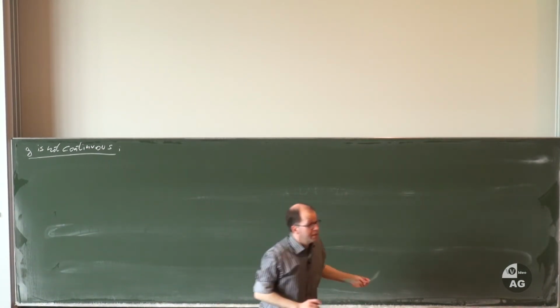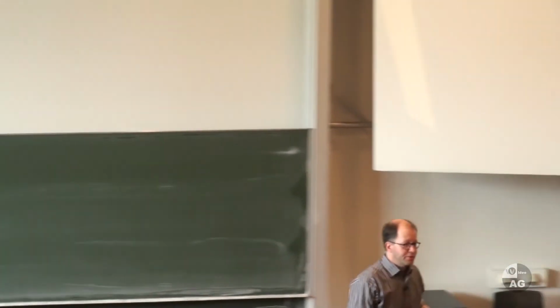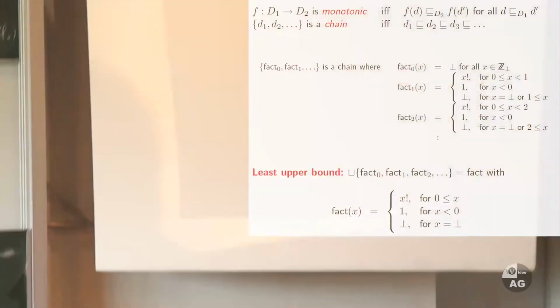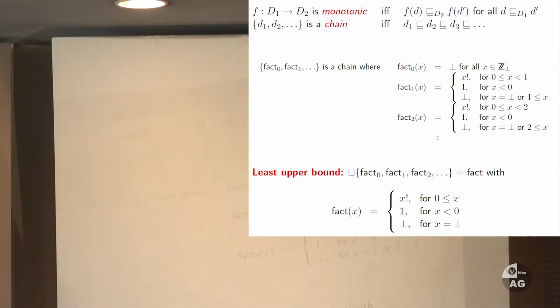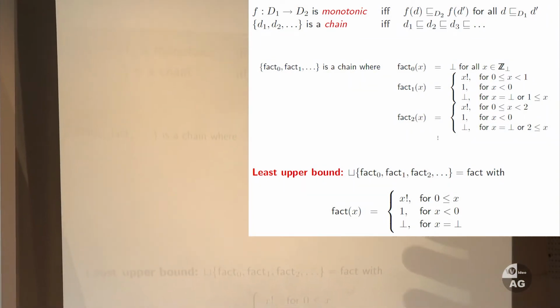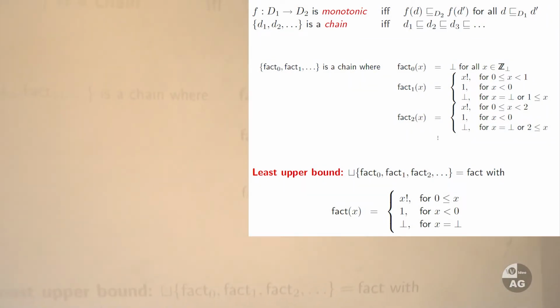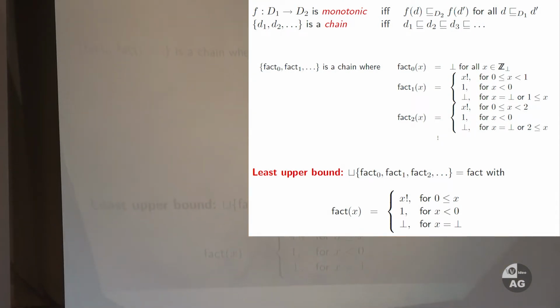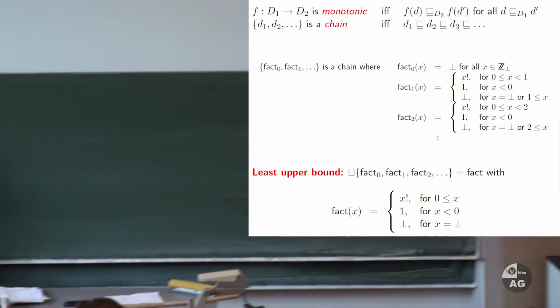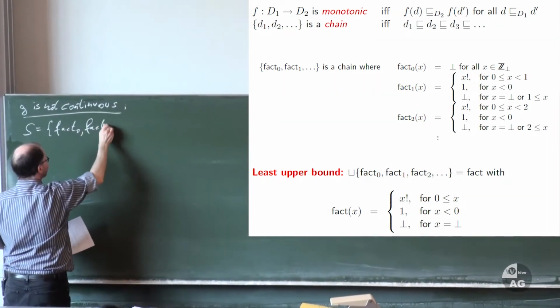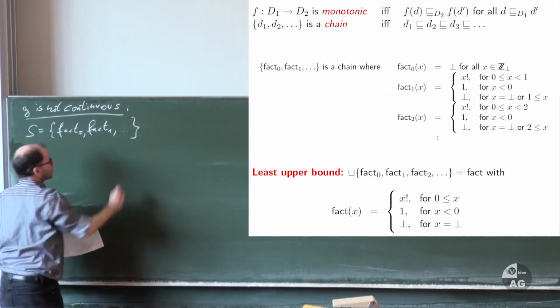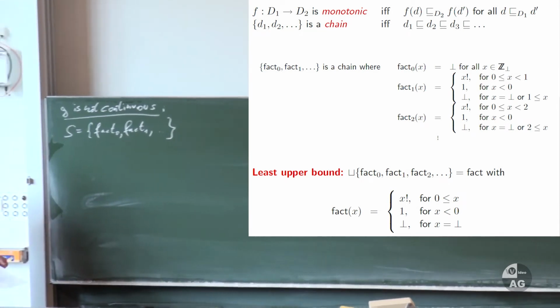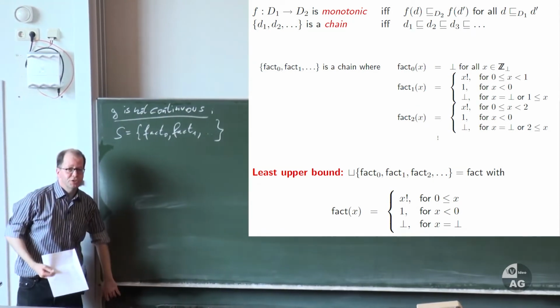To this end, I will again regard these functions fact0, fact1, fact2 that we had before. So my counterexample is this chain: fact0, fact1, and so on. Now, what about the totality of these functions?